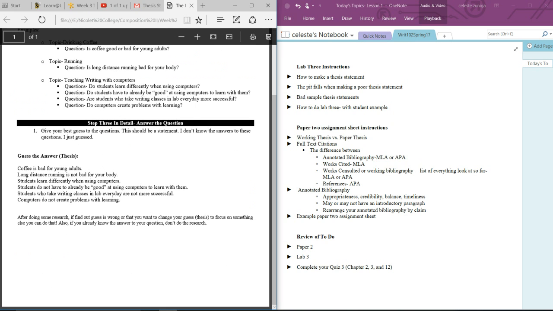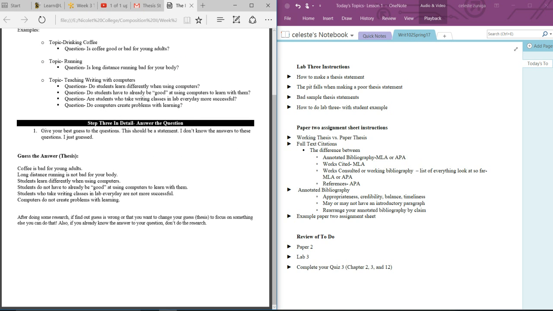So they're questions, right? Thesis statements are your best guess answers to questions that you have, and you actually write the best guess answer in your paper. And as you research it throughout the semester, this best guess answer is going to evolve based on your research.